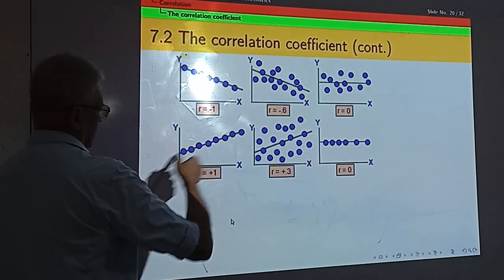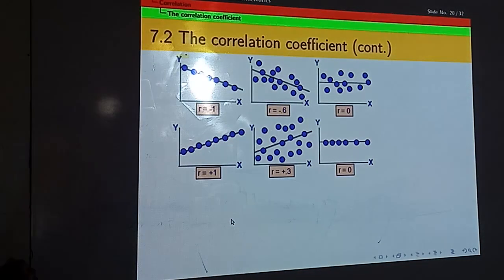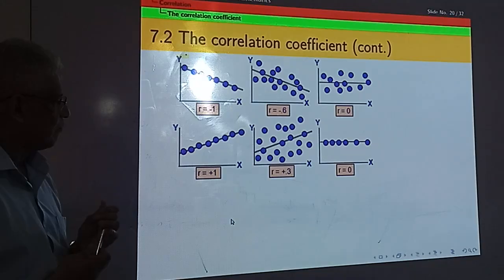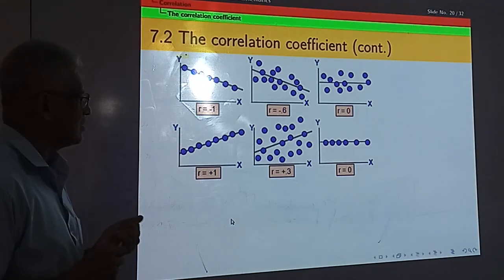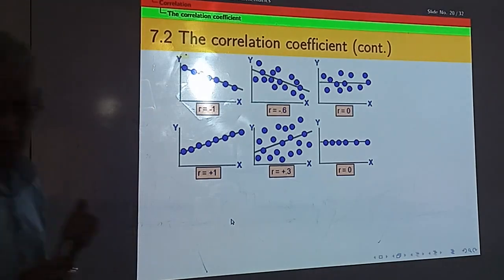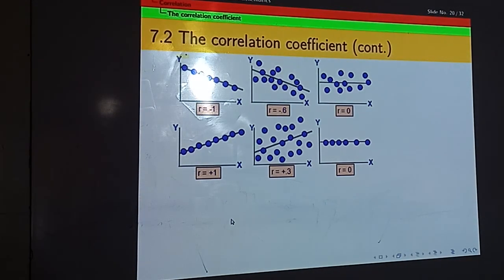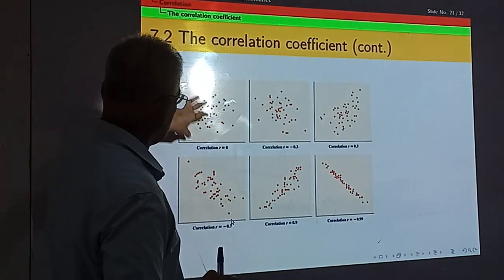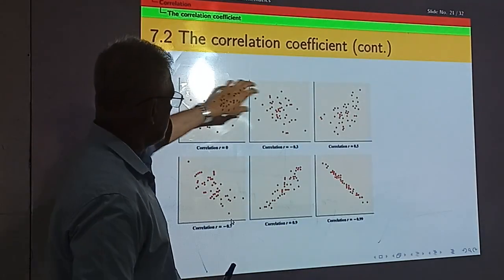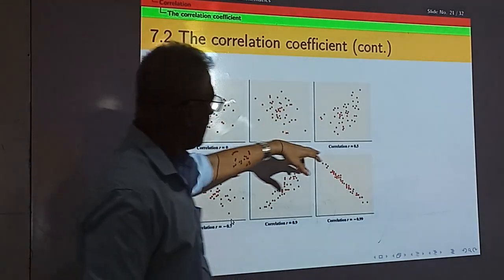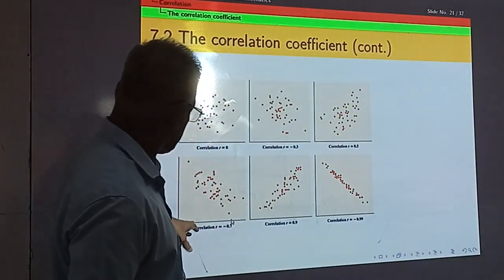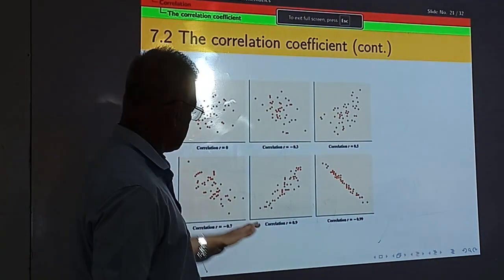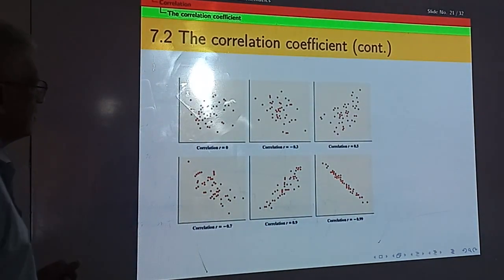But this one is positive exactly 1, so that's a positive perfect linear relationship. This is 0.3, so that's a kind of weak positive linear relationship. This is R exactly equal to 0. Again, R is approximately 0 here, not exactly 0. R is negative 0.3, R is 0.5 here, R is negative 0.7, this R is 0.9, the other one is 0.99.